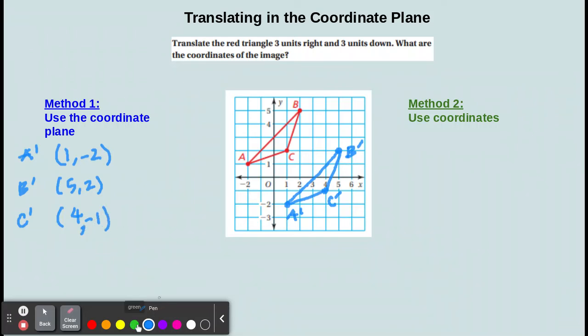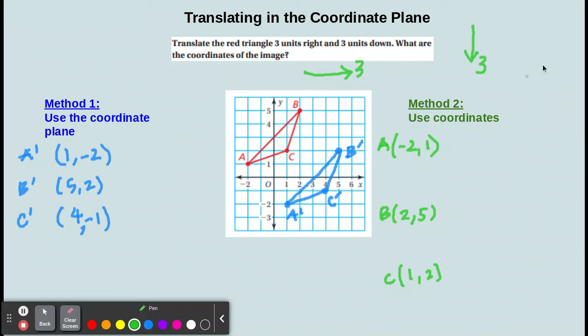Okay, the other method we can use is we can just use the coordinates. So we start out with A as being at negative 2, comma, 1. B being at 2, comma, 5. And C being at 1, comma, 2. Okay, remember in our example here, we said we move 3 units to the right and 3 units down.